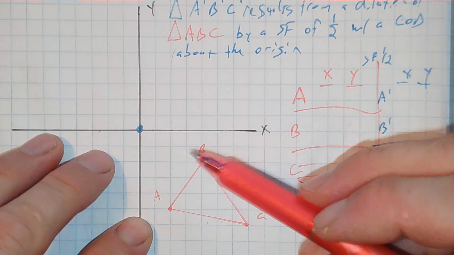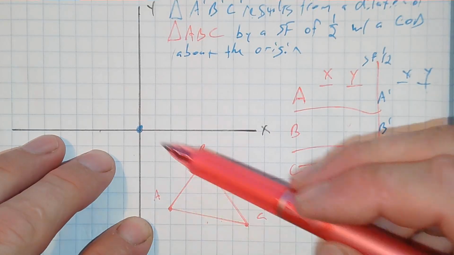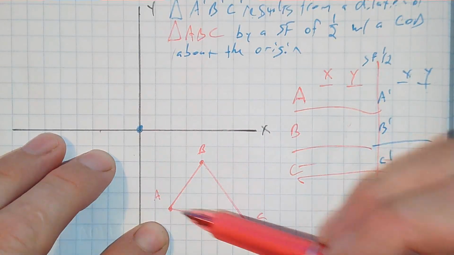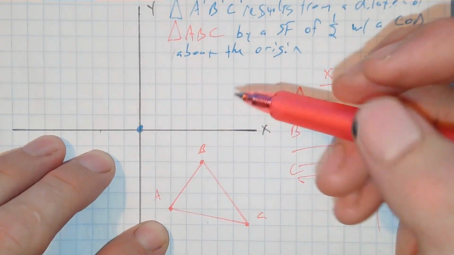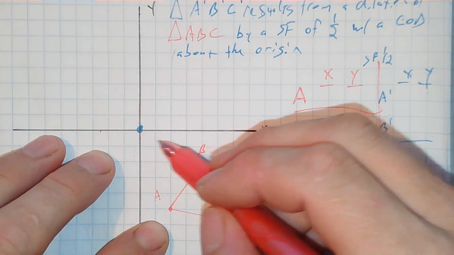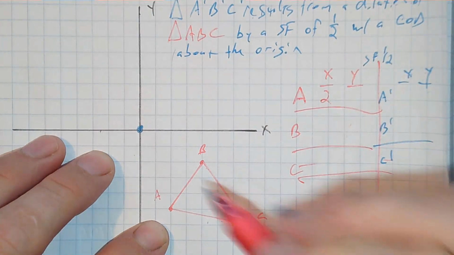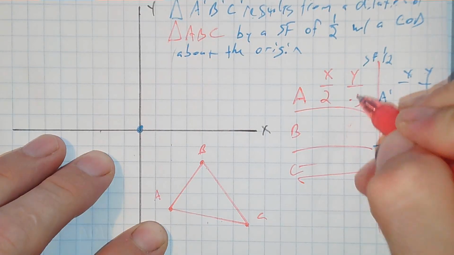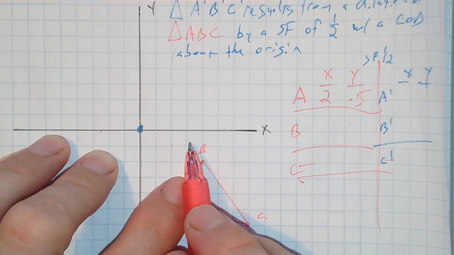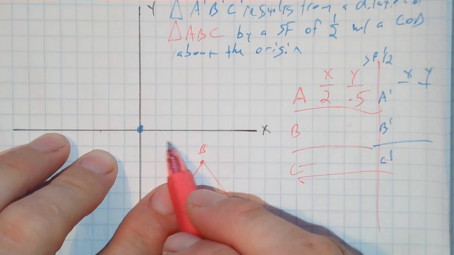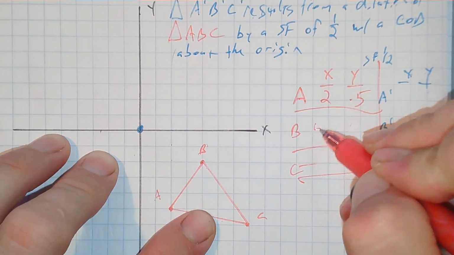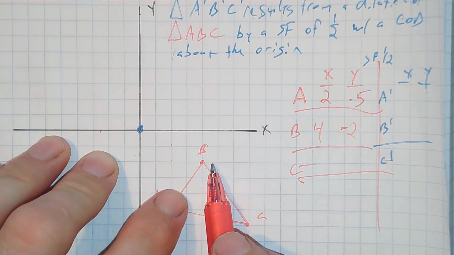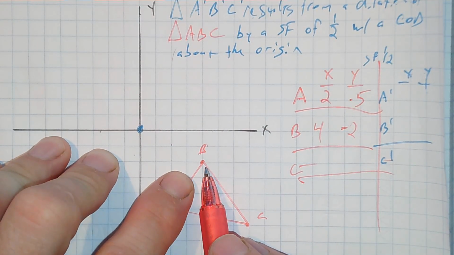So what is the distance from A to the origin? Well, it's pretty obvious. It's just a coordinate point, right? So the X direction is 2. The Y direction is -1, 2, 3, 4, 5, so -5. For B, the coordinate point is 4, and -2 for Y. These are just the coordinate points, 2 and -5, 4 and -2.